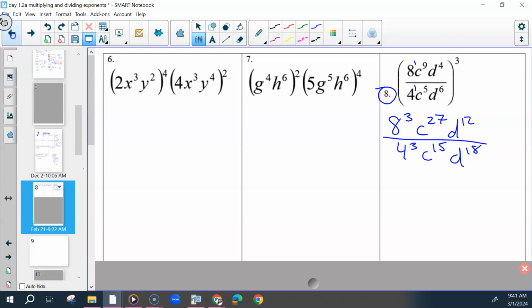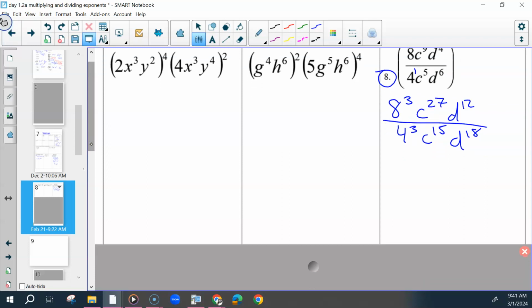And then we are dividing like bases, so we're subtracting. And then we also need to figure out what these two are. 8 to the third power is what? 512, thank you. If we're subtracting, 27 minus 15 would give us 12, c to the 12th, and then d to the negative 6. 4 to the third is 64.